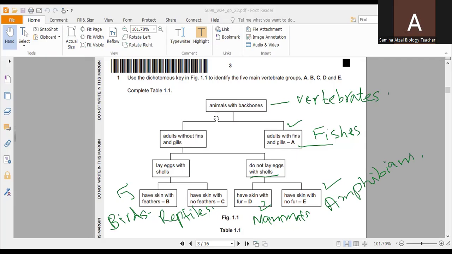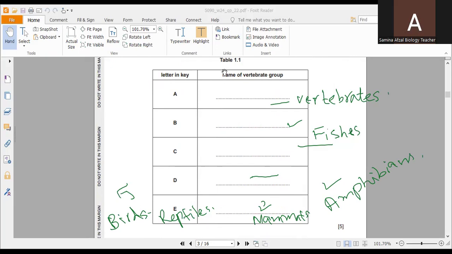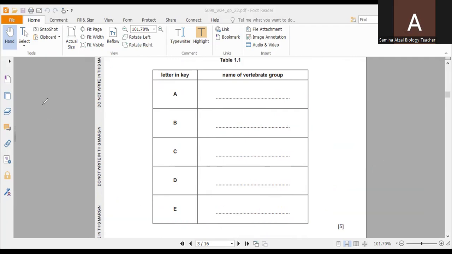Now I'm moving towards the place where I have to write their names. So at A, it were fishes.